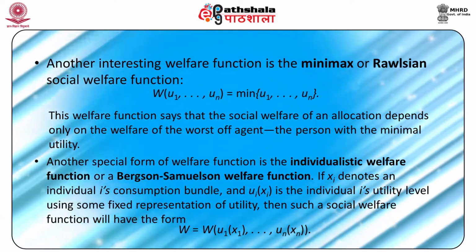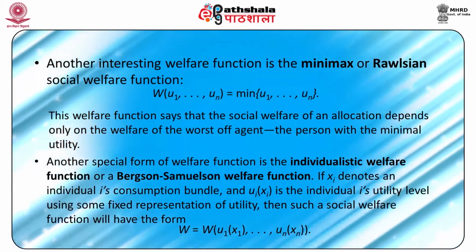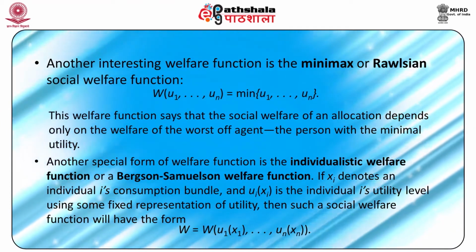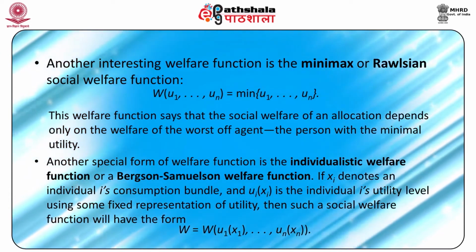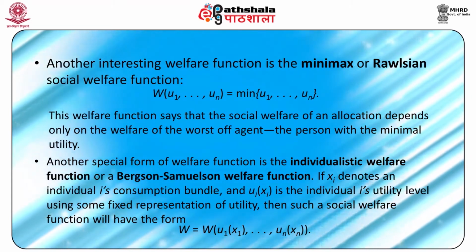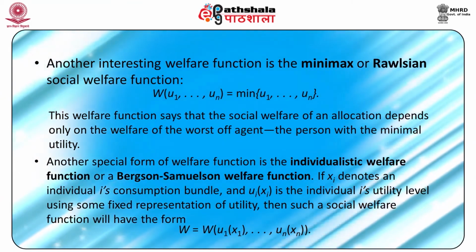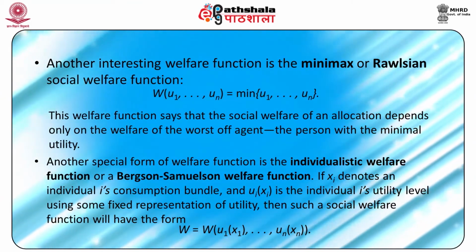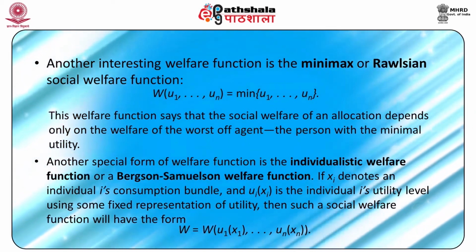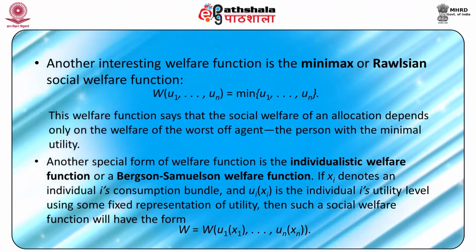Another special form of welfare function is the individualistic welfare function, or a Bergson-Samuelson welfare function. If xi denotes an individual i's consumption bundle and ui(xi) is the individual i's utility level using some fixed representation of utility, then such a social welfare function will have the following form: W = W(u1(x1), ..., un(xn)).